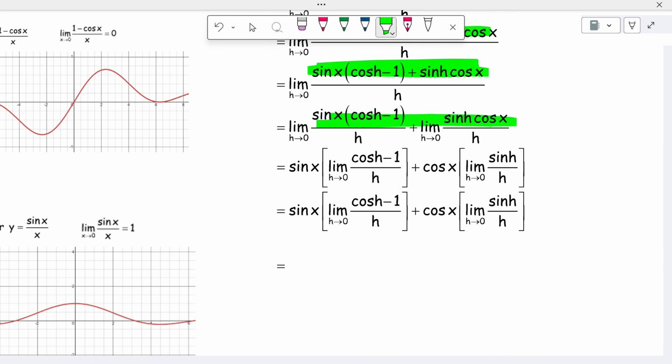Here, the limit is in terms of h, so the sine x can come out, because we're not putting anything into that piece. We're only putting the 0 into the what? The h. Okay. So then same thing on the second limit, we brought the cos x out just because it doesn't have an h. We're not applying the 0 to it. So we just took it outside in front.